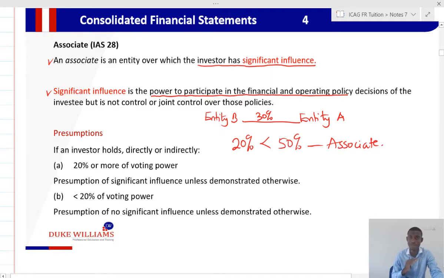It is not a parent and subsidiary relationship. So if you look at it here, this is 30%, and it's more than 20%. So we can conclude that entity B has significant influence over A, and because of that, entity A is an associate of B.